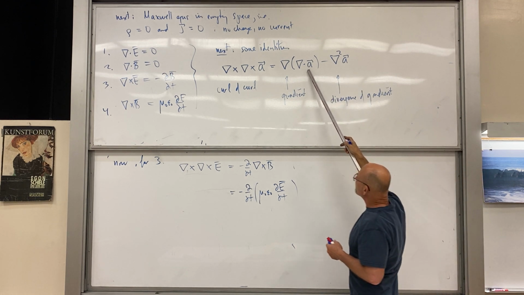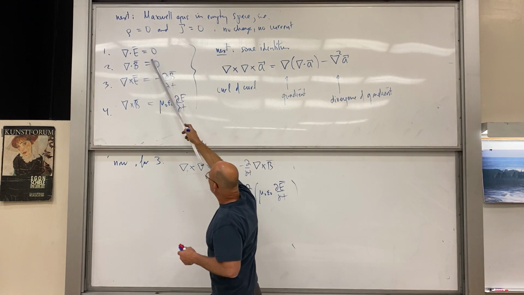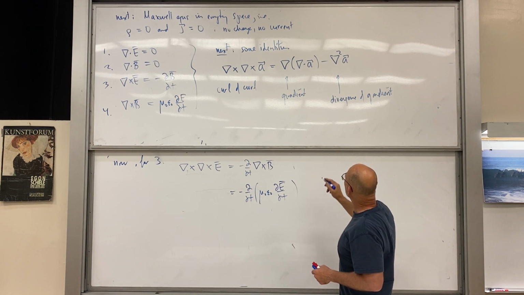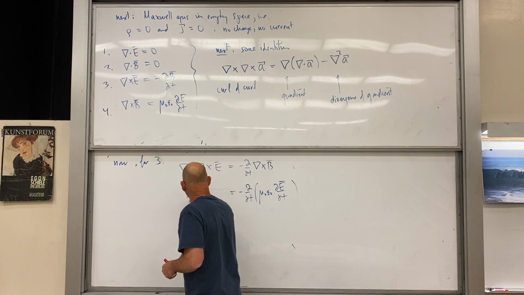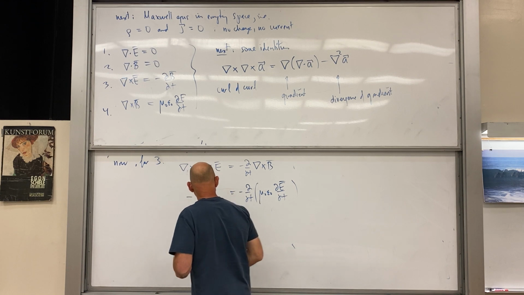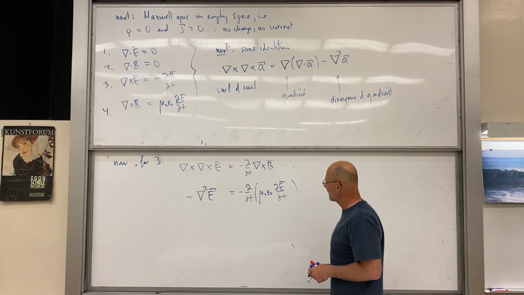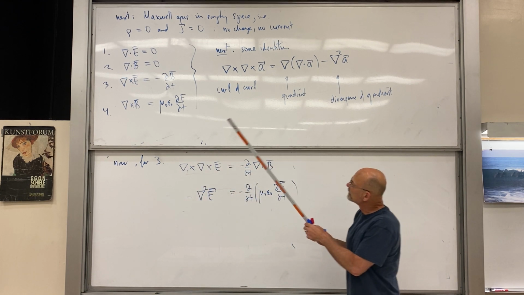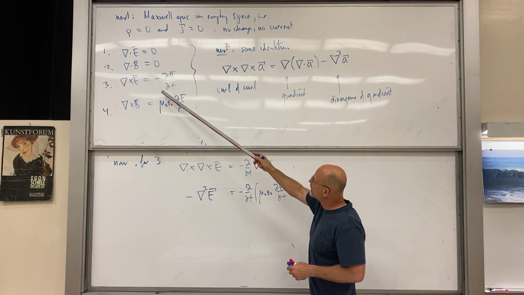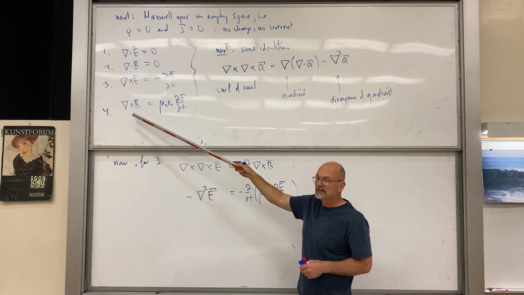But the divergence of E is 0. So make a note of that. What we're left with is minus this del squared of E. By the way, the same thing, I just used equations 3 and 1. Exact same process can be used for the equations 2 and 4.